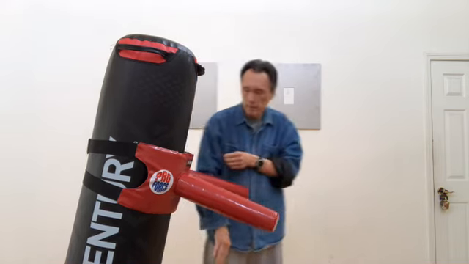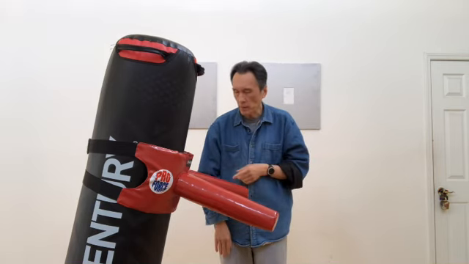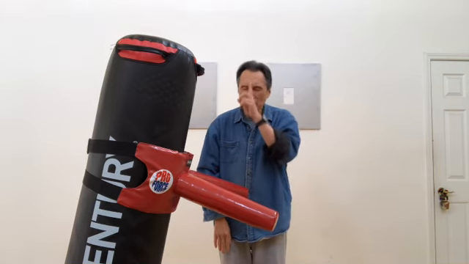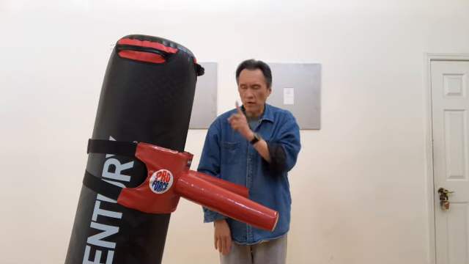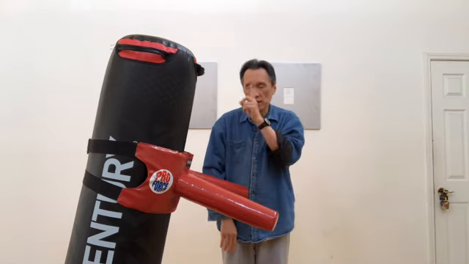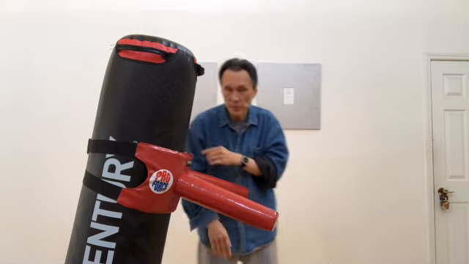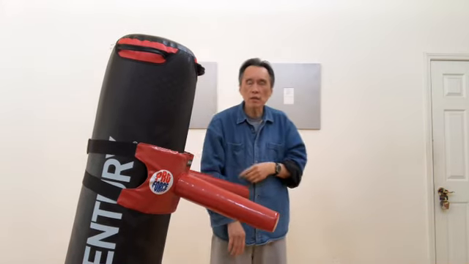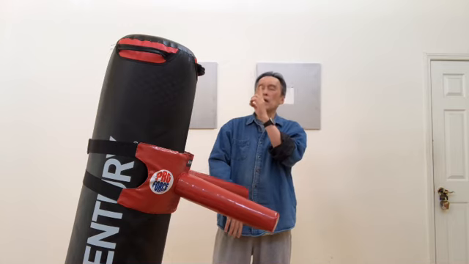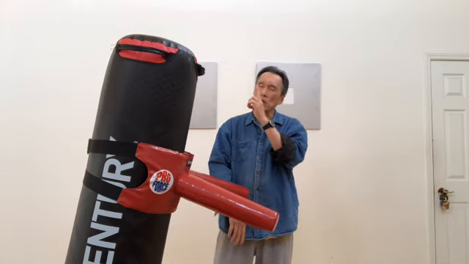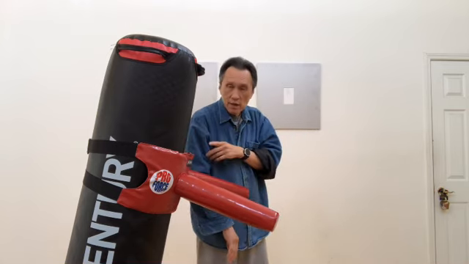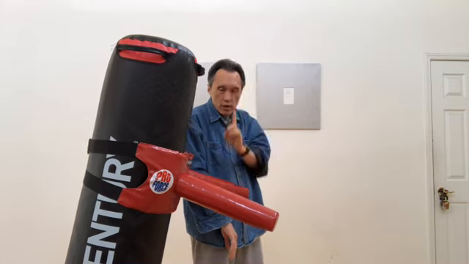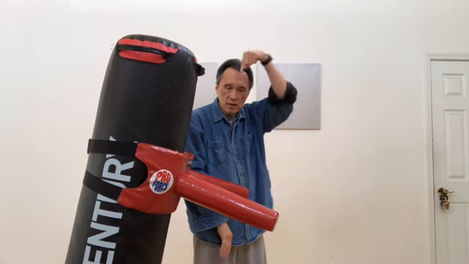Now, the axis of the spin of this bong is this way. It is not leaning back. If you lean back, you cannot spin that way. It is in the middle, center.